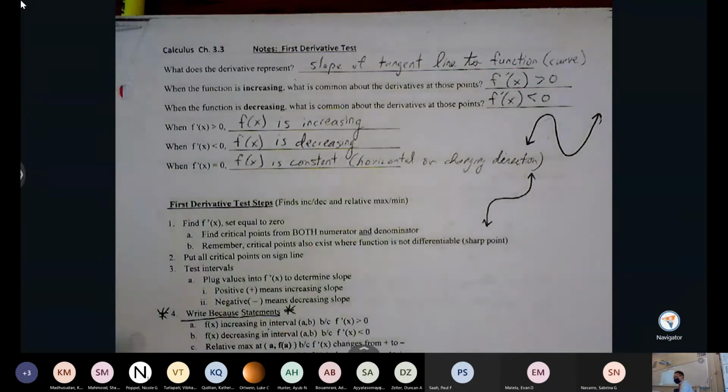So we have all these steps here, but I'm just going to jump to the example because we're going to see that it's the same process as determining when the object is moving right, when the object is moving left. It's just instead of velocity, we're saying f prime. Okay, so let's go to the bottom and look at example 1.